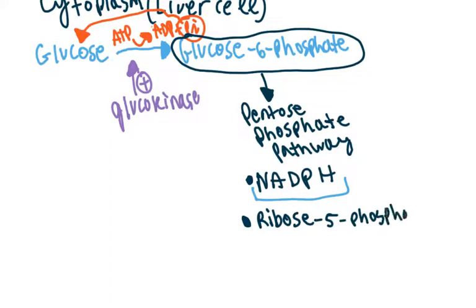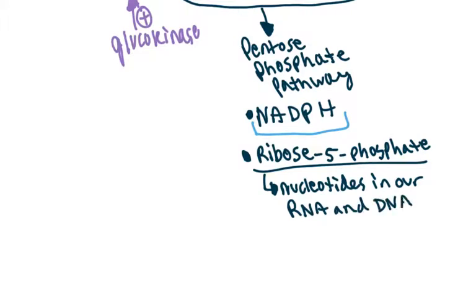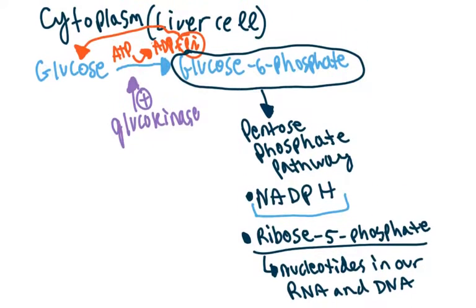We need it to synthesize the nucleotides in our RNA and DNA, because a nucleotide is made up of a phosphate group, a 5-carbon ribose sugar, and a nitrogenous base. Now let's look at the oxidative phase of our pentose phosphate pathway.